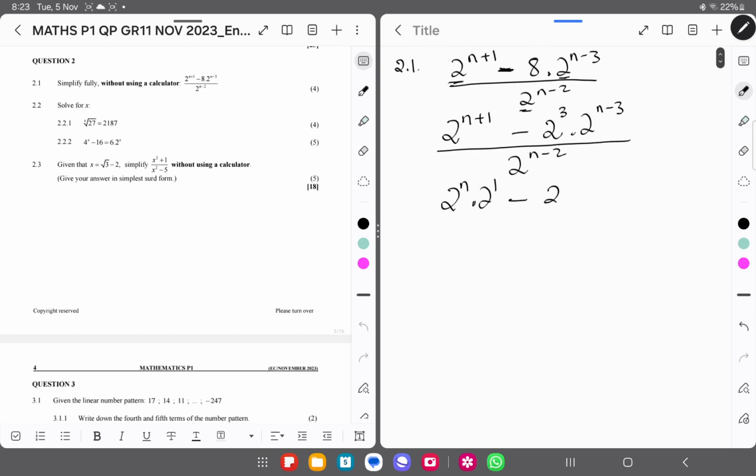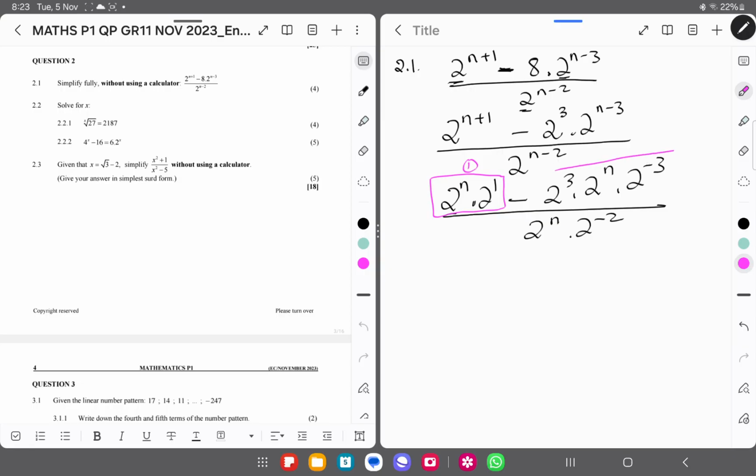Then you'll have minus 2 to 3 times 2^n times 2 to minus 3, over 2 to exponent n times 2 to minus 2. Now at the top you're having this as the first term, and then all of this as the second term. Remember, terms are separated by the sign. So I check what is common in the first term that also appears in the second term.